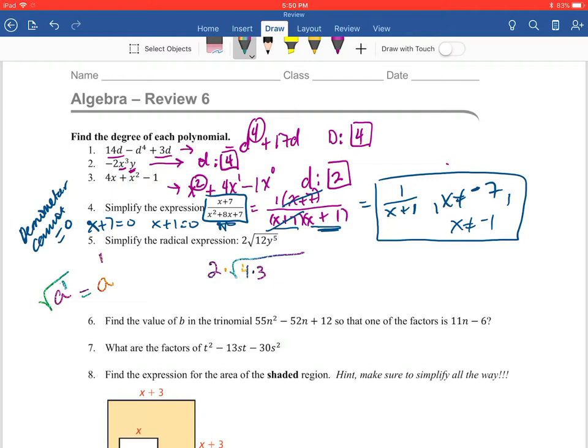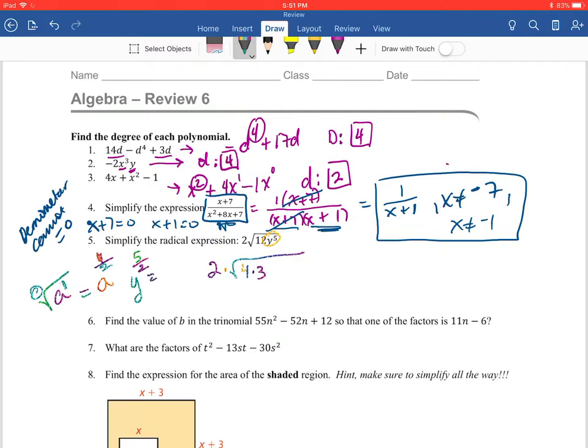My exponent goes to the numerator, and my index number goes to my denominator. So the same idea goes with this: that would become y to the 5 over 2. But 2 will not go evenly into 5.